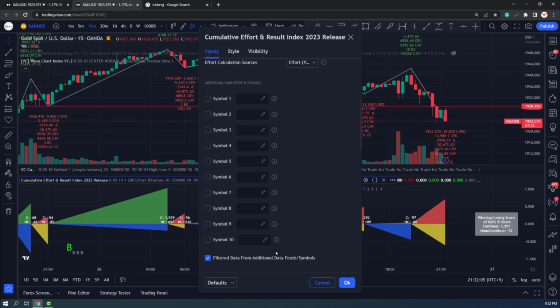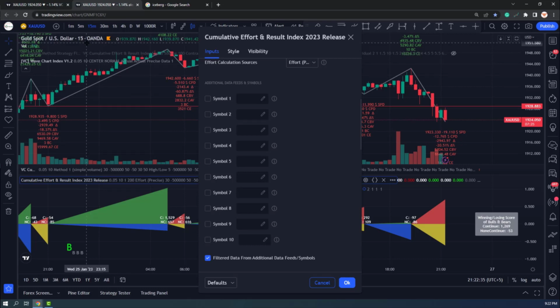This is the most important part of this tool. What it does: additional data feeds and symbols. Instead of relying on a single data source from a single exchange, you see here, currently we are on the Oanda exchange.